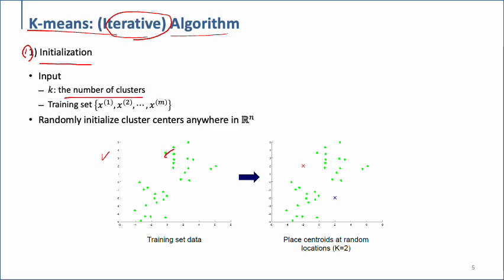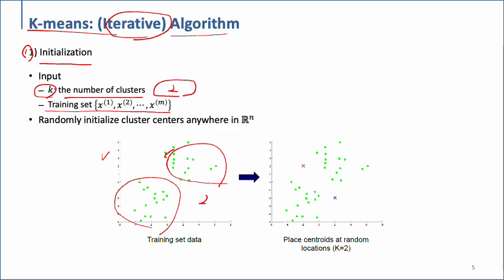Let's say for this data, we know that we have two clusters. So let's first start with the case where we know the number of clusters. Based on this training set, we first need to randomly initialize cluster centers anywhere in our R^n space.